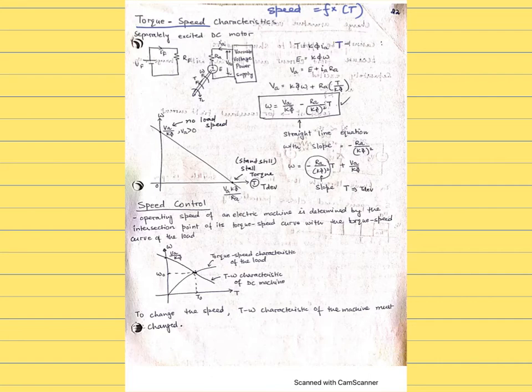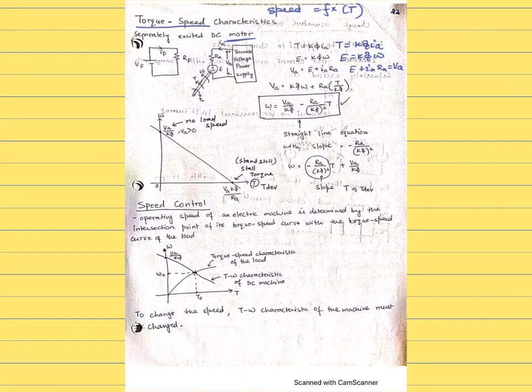T equals K phi IA and E equals K phi omega. That's the induced voltage and the developed torque. And also for the motor, E plus IA RA equals VA.